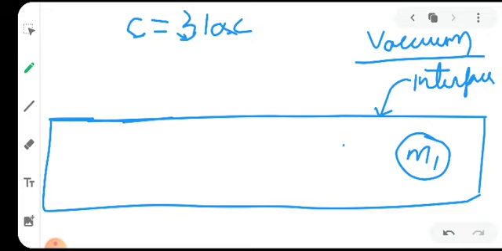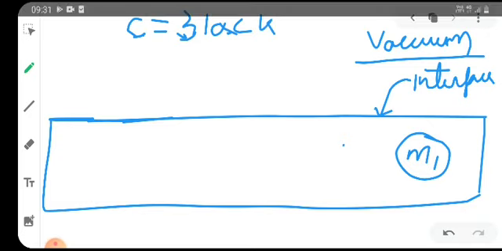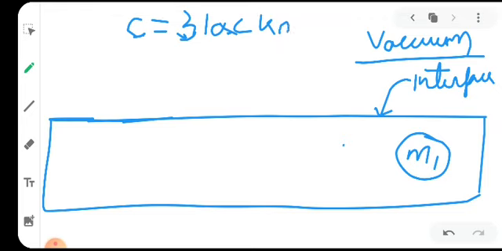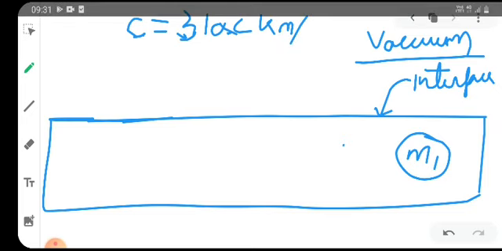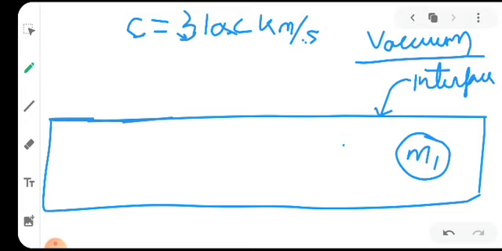3 lakh kilometers per second. So that is the speed of light in vacuum. And suppose a ray of light traveling at that speed is moving towards the interface from vacuum.